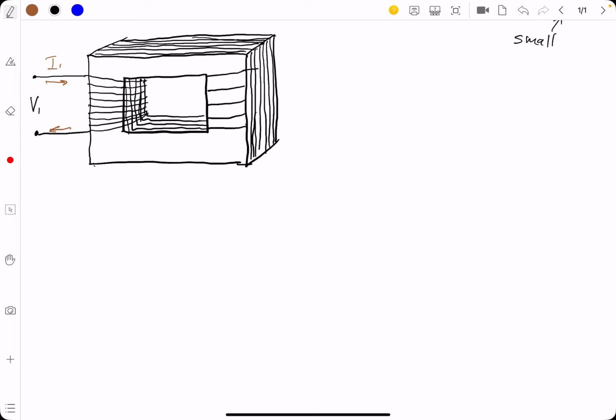All right, and I need to connect this to something. Okay, so on this side, we have N1 loops.